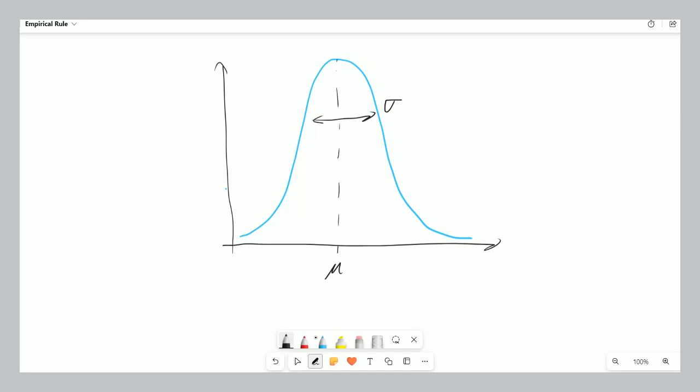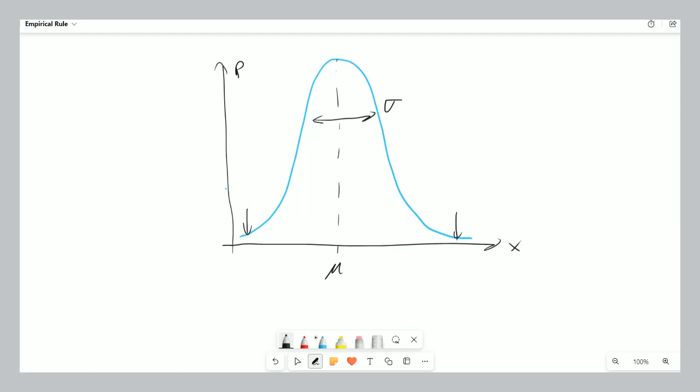Now, as your x value gets farther and farther from mu, whether it's getting bigger or smaller, eventually the probability of observing such an x value gets very, very, very small. Very, very close to zero. It never gets to zero. It goes to positive infinity and negative infinity, but it gets very, very close to zero.